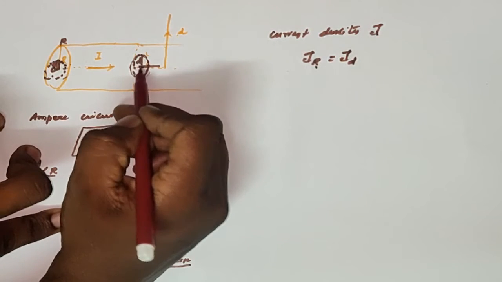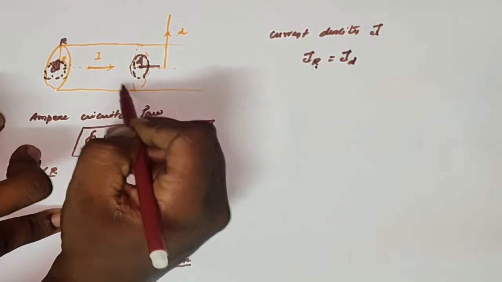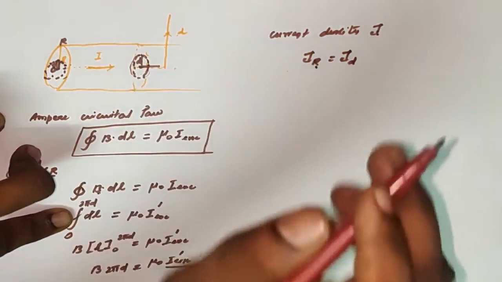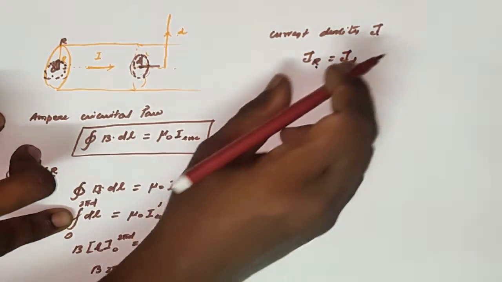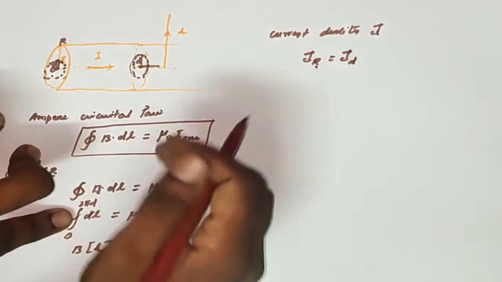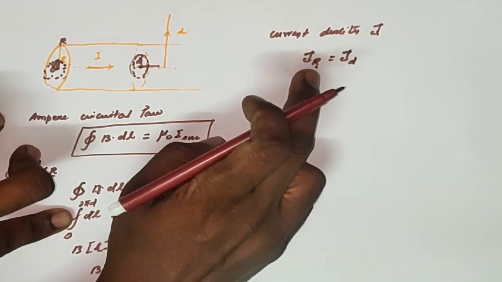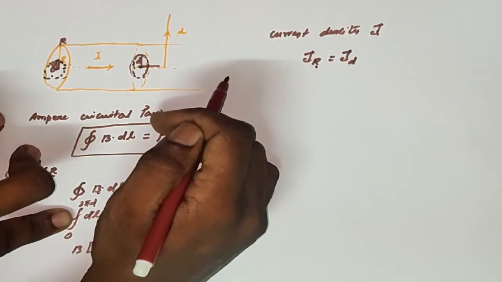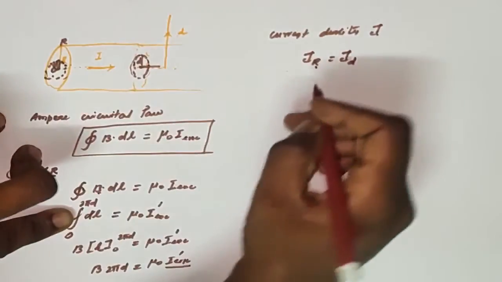In both areas, the current density will be constant. The current density is the current flowing per unit area, and that stays the same whether you take the bigger circle or the smaller circle.